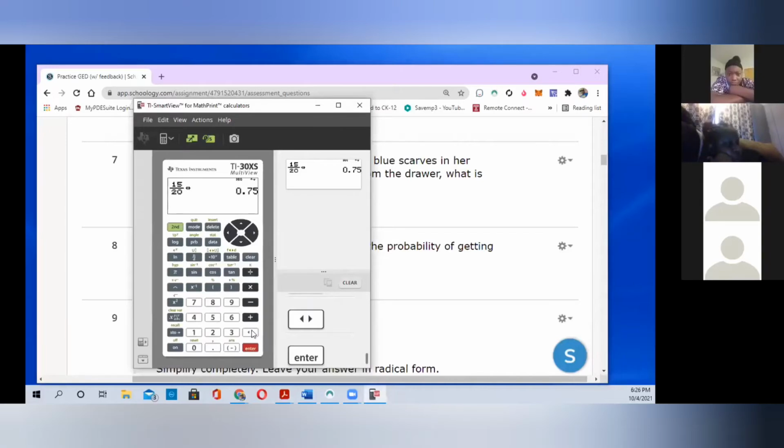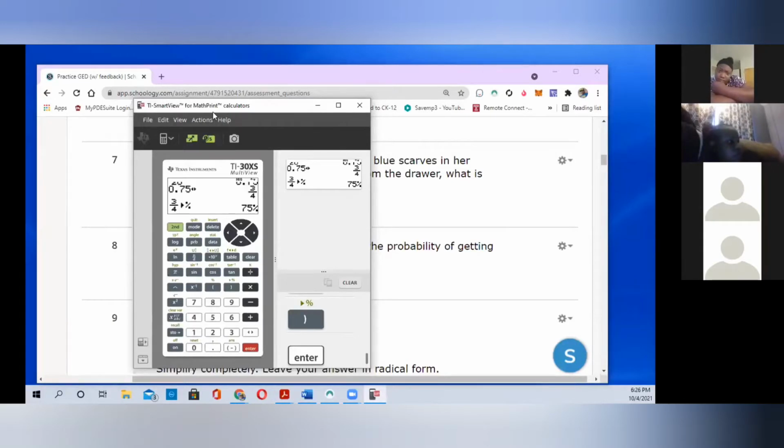Hit the double arrow again for the fraction, 3/4. To change it to a percent, we hit second and this arrow, and it changes it to a percentage for us. So just know that probability is selected outcomes divided by total outcomes.